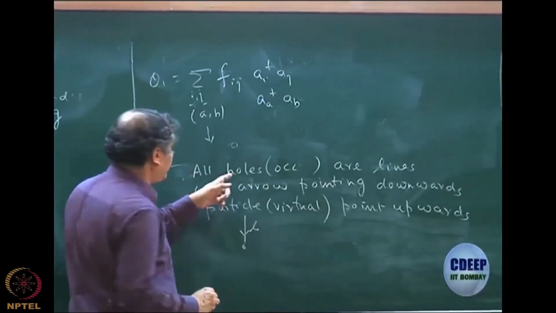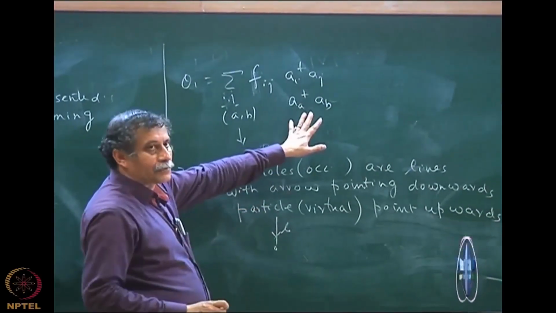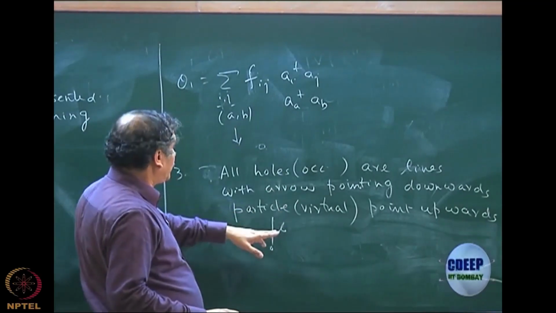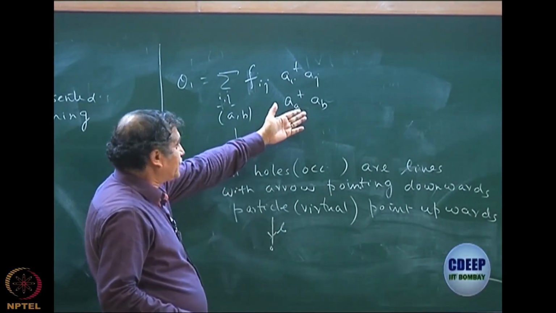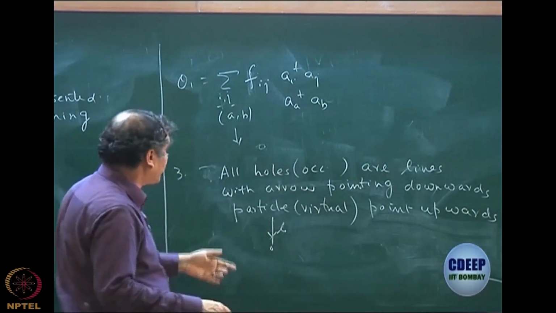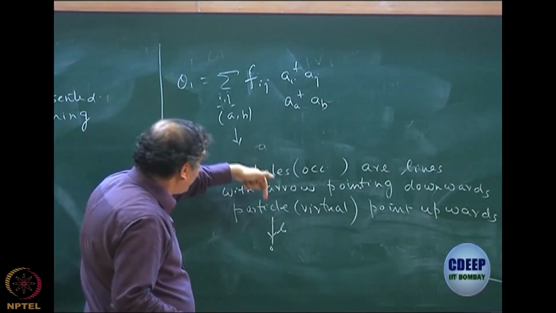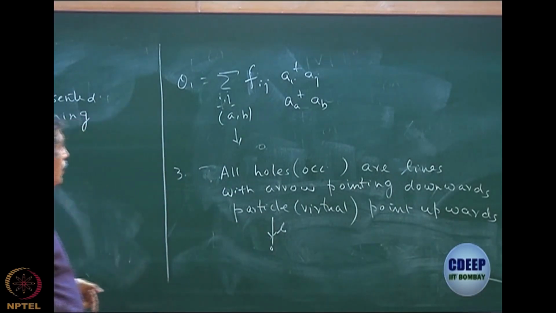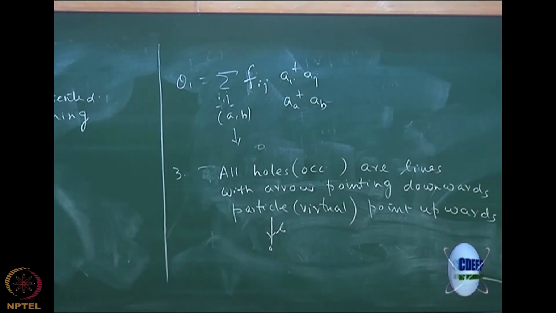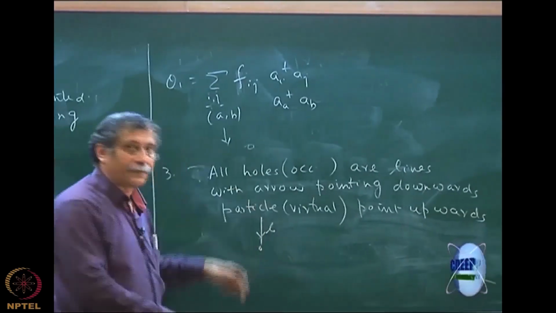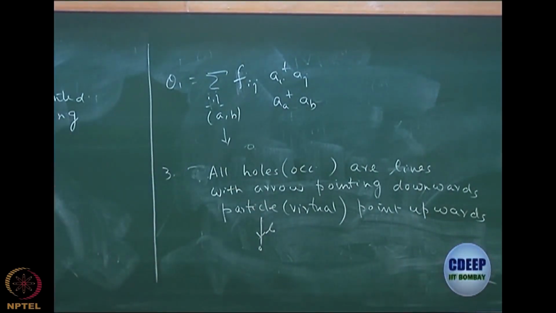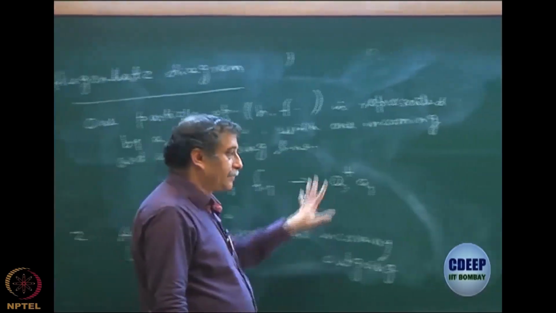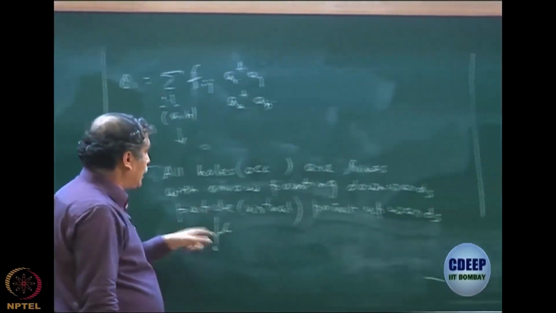It is an occupied line. I am writing in terms of normal creation annihilation operators, because in terms of this it's actually a hole creation operator, but it is going down because it's a hole line. It is coming into the vertex, so it should end in the vertex, because this is the line which is annihilated, electron annihilation. So this will actually be a hole creation.